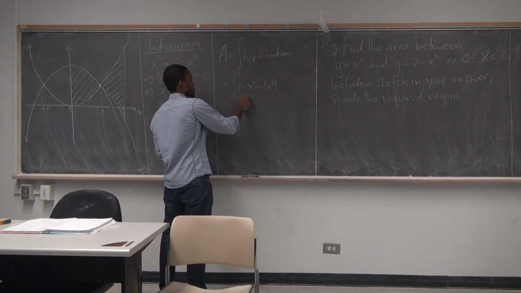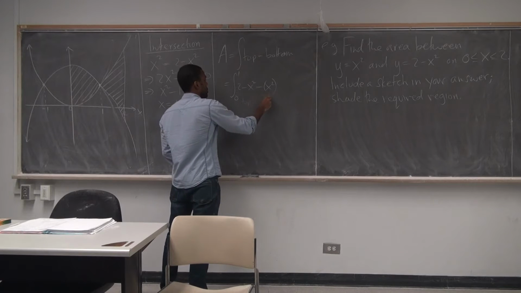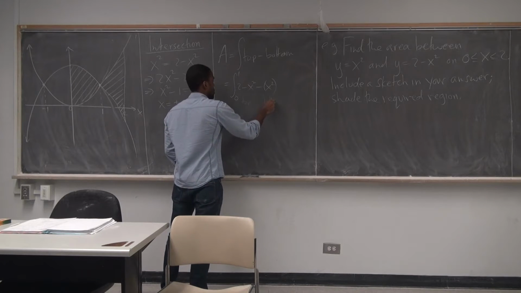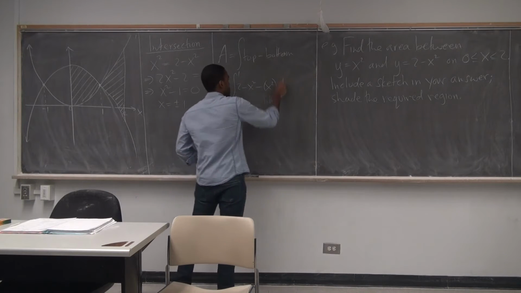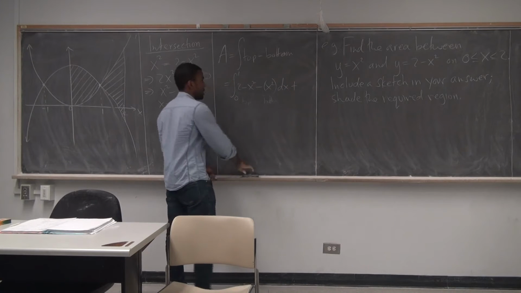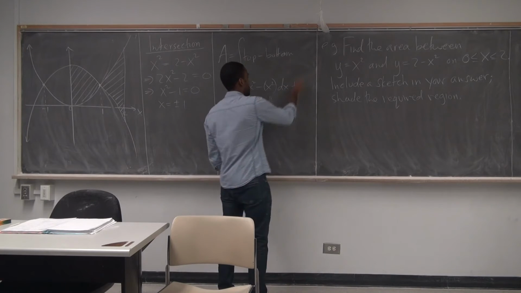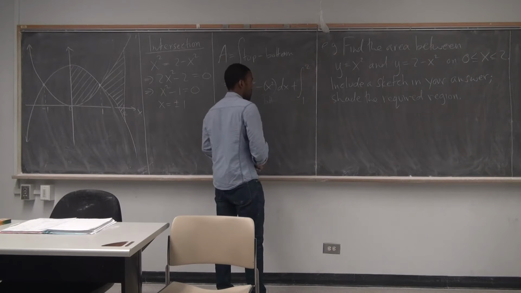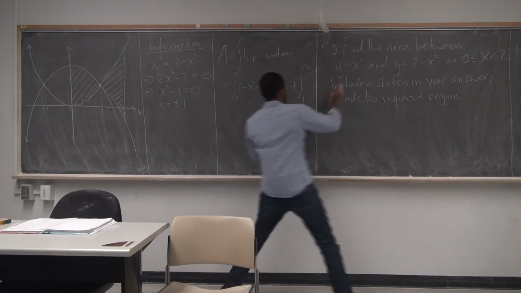Alright, so this here is the top, and that's the bottom on the interval 0 to 1. Plus, now you want to add a second area, from 1 to 2. And what's that? Then you switch them.